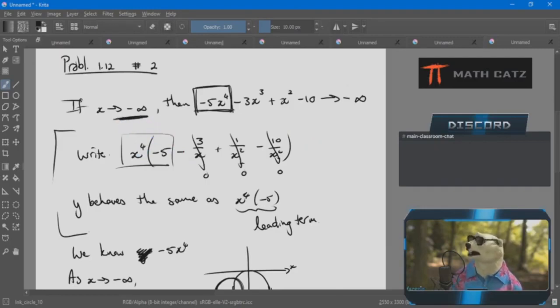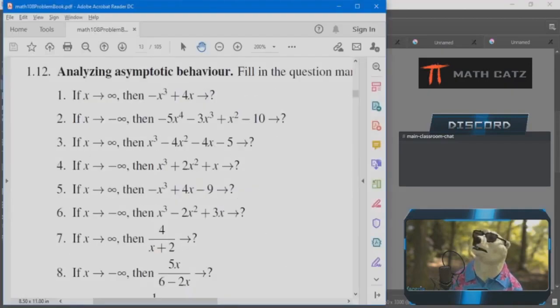Okay, so we're going to continue this discussion about long-term behavior tomorrow. The only key thing here is now, how do I evaluate the long-term behavior of a polynomial? So you can look at problems like in 1.12, 1, 2, 3, 4, 5, 6, if you want to practice.